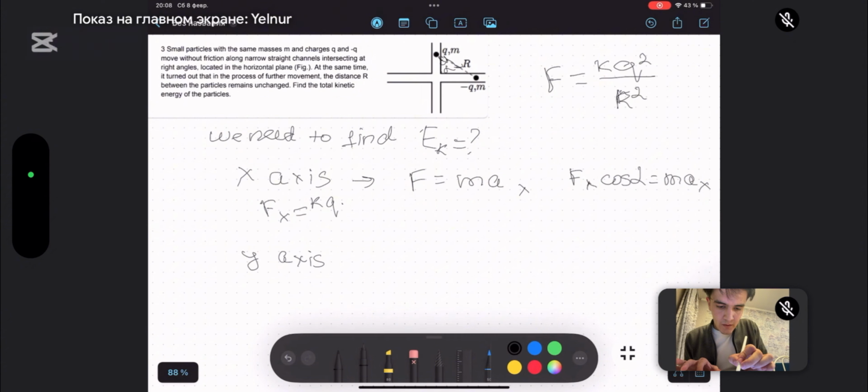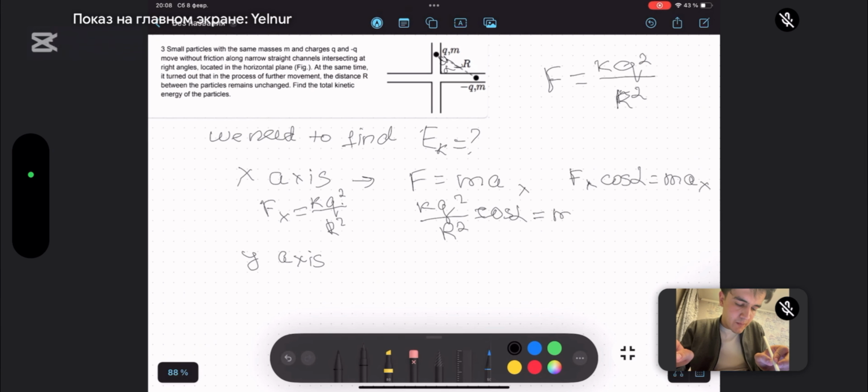Let's write this equation. Our Coulomb's law acts along the radial direction r, and if we project it onto the x-axis, we have kq square over r square cosine alpha equal to ma on the x-axis.